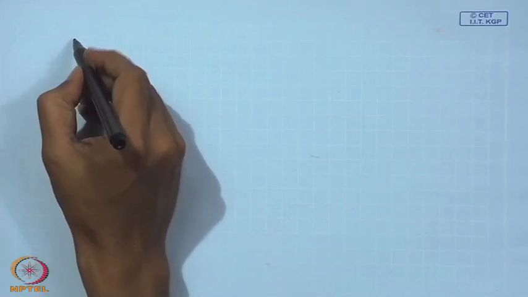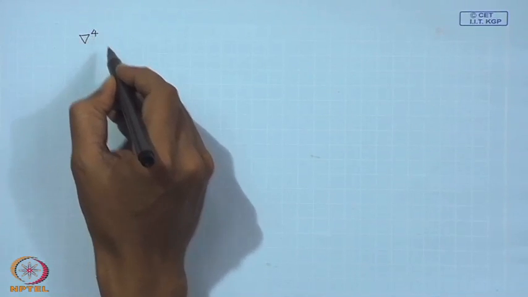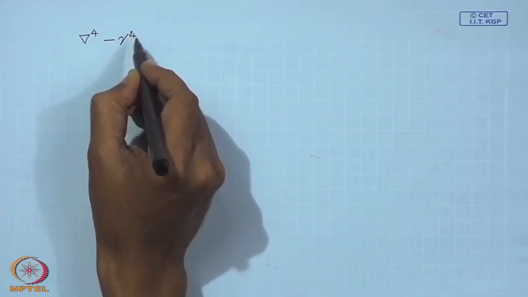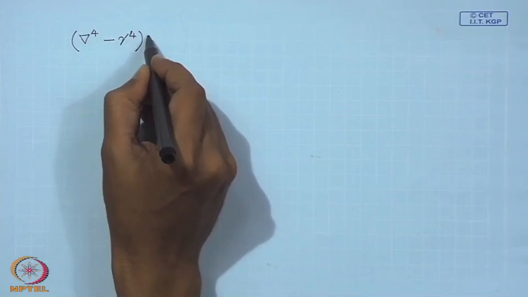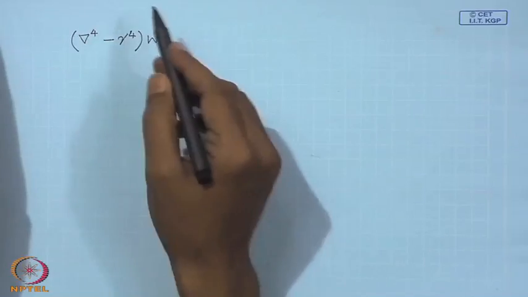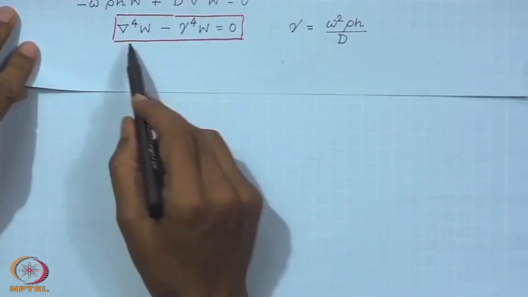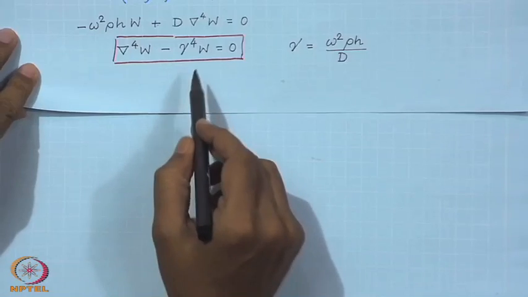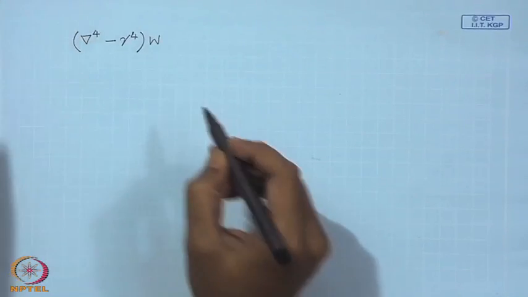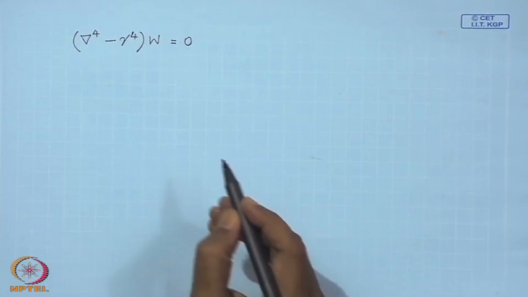So, I can write this as this operator in the equation of motion. So, I can write this as nabla power 4 minus gamma power 4 operating on W, and that is 0.